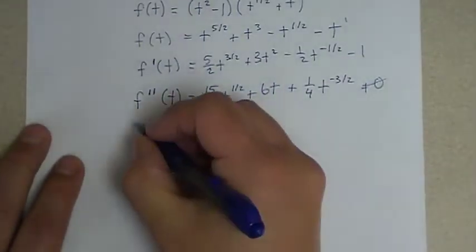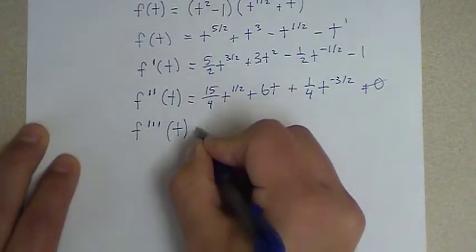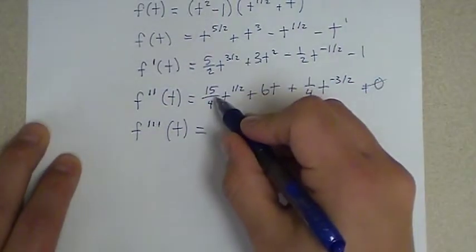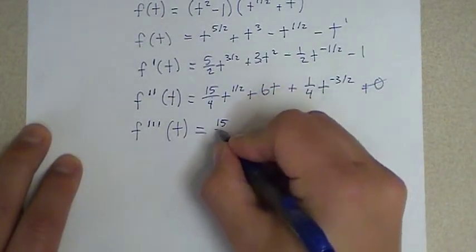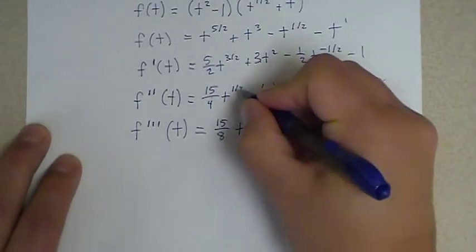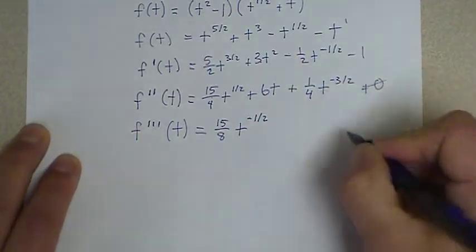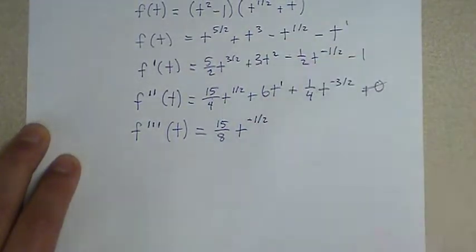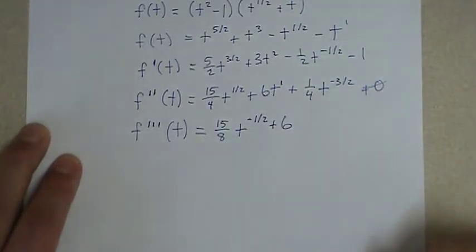And when we take our third derivative, f triple prime of t, I'm going to do this coefficient times that exponent. So top times top leaves me at 15. Bottom times bottom takes me to 8. And if I subtract 1 from 1/2, I go back to negative 1/2. This is a t to the first, so if I do exponent times coefficient, I'd get a plus 6.